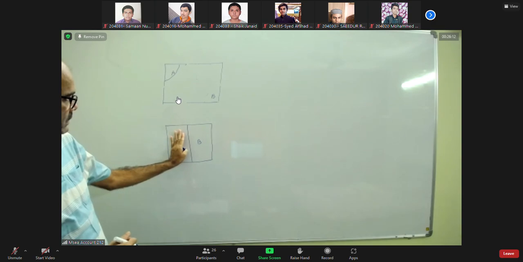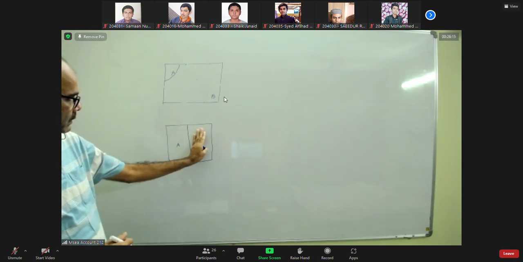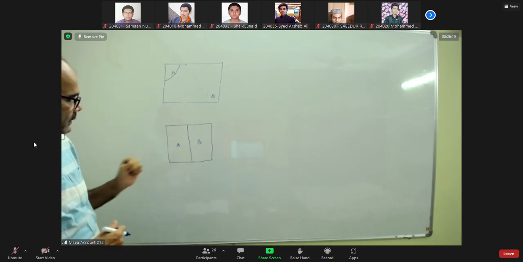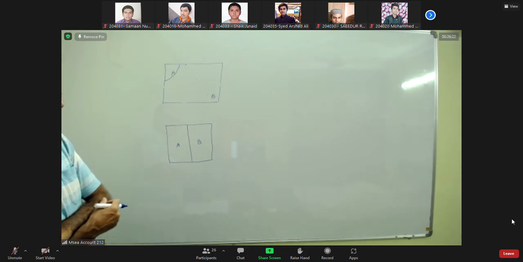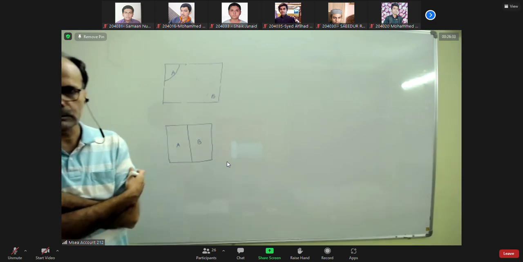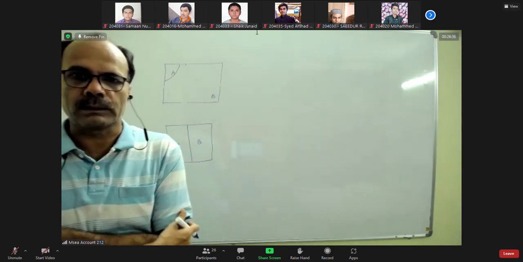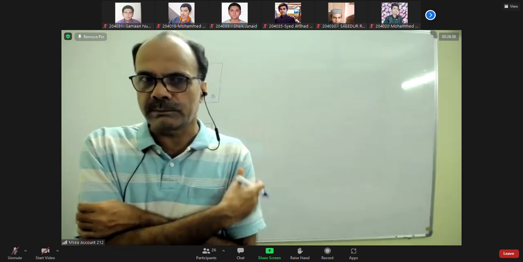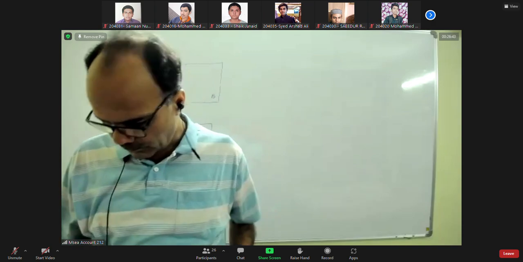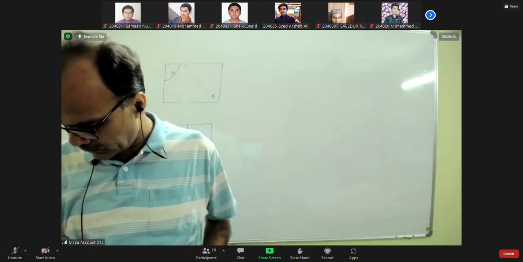Suppose half of the portion is A, half of the portion is B. So in this case, PA equals PB complement. Otherwise, PA is less than PB complement. But in this special case, PA is not less than PB complement.